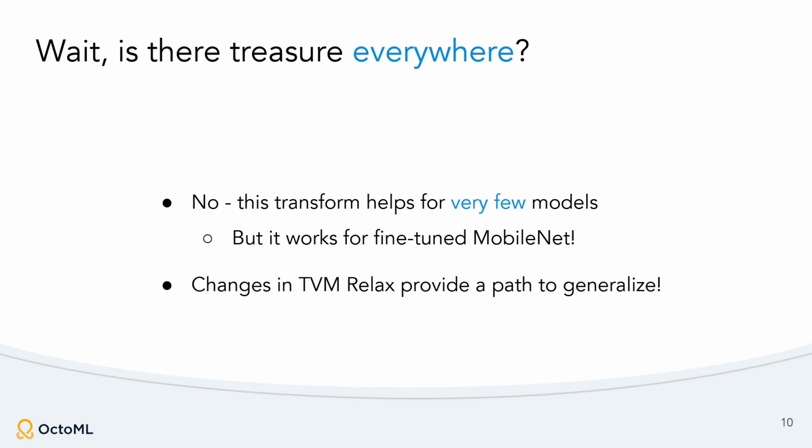And now, this may seem like a really big optimization. Is there treasure everywhere? Are there channels that can just be stripped from all kinds of models? And no. Usually, you don't end up with these vast quantities of sparse channels. There happen to be many inside of the benchmark models for MLPerf Tiny, and there happen to be many for MobileNets in particular.